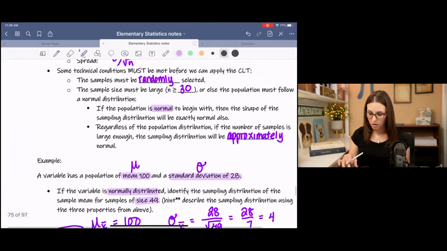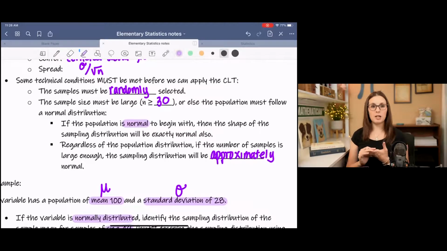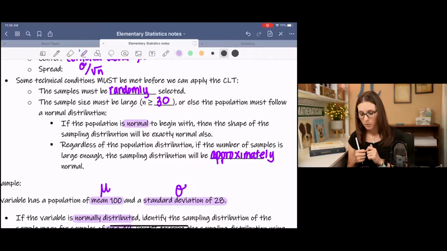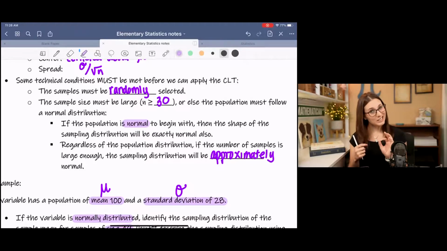Technical condition number 1 is that it is randomly selected. I stated in the previous example that they were, even though I didn't write that, I need to do that. Randomly selected, that's good. Sample size must be large. What is the sample size in this example? 16. So that's not met, but that's okay as long as the original distribution is normally distributed.